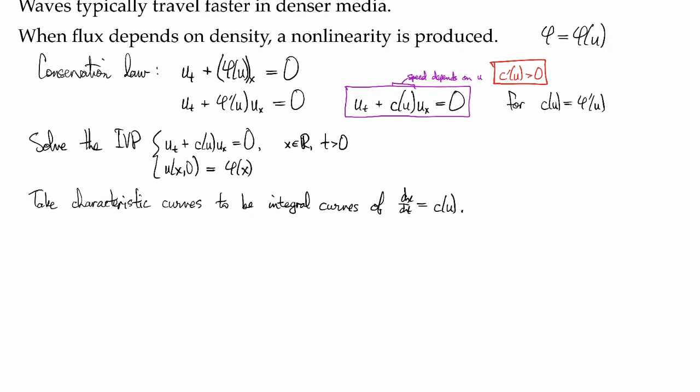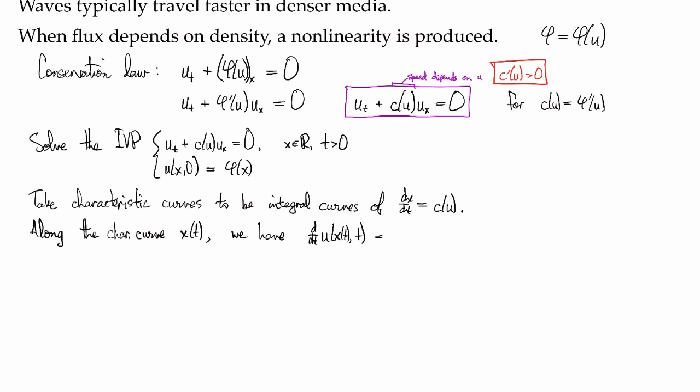Okay, so then if we look along the characteristic curve x of t, what's going to happen? Well, if we look at the total derivative of u, and so now its x depends on t, and it still has its t.